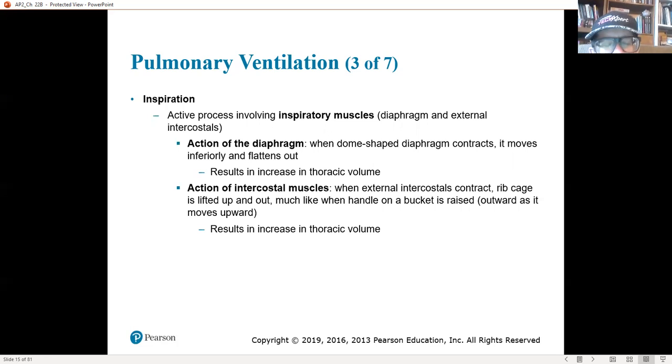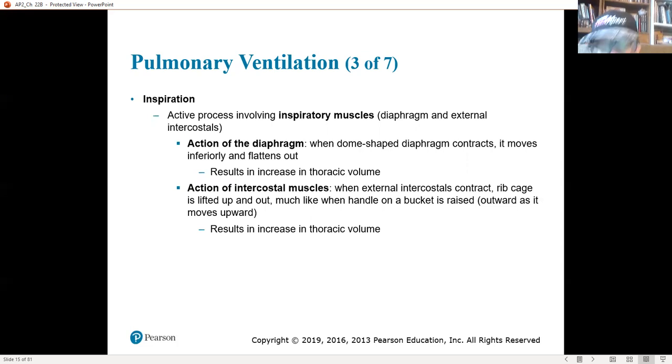The intercostals are not used unless we are doing active breathing, things that require us to breathe deeper, breathe harder, then we're going to use the intercostals. But when we're at rest, and we call that breathing at rest tidal breathing, because it's just like the tide, it goes in, it goes out, there's no drama. When we are doing tidal breathing, it's just the diaphragm.